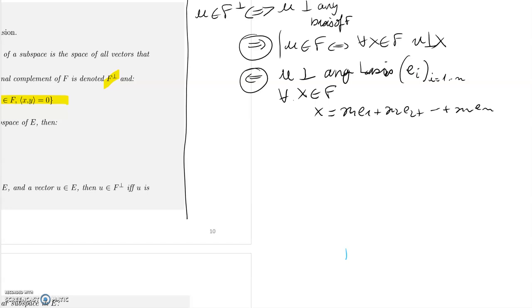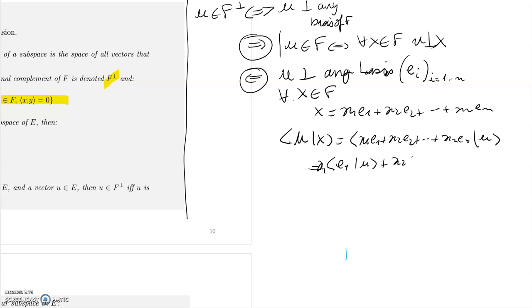And so if now I'm doing the inner product of u with x, it's just the inner product of x1 e1 plus x2 e2 plus ... plus xn en with u, and so using linearity it's just going to be x1 (e1, u) plus x2 (e2, u), etc., plus xn (en, u).